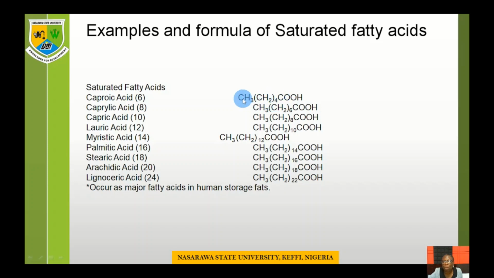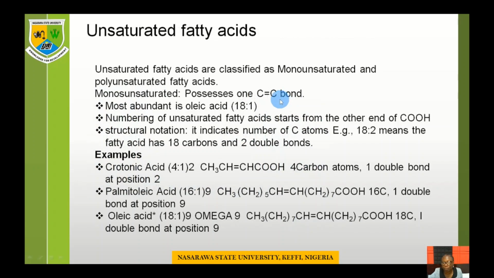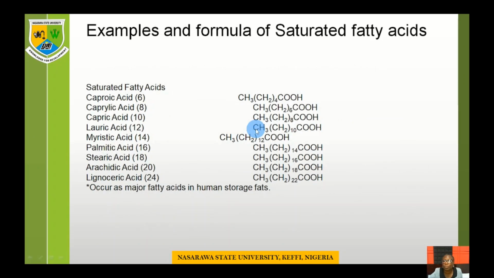So this is 1 plus 4, 5, 1 plus 1, 6. So we said numbering starts from the carboxylic end. So this will be carbon 1. Then carbon 2, 3, 4, 5, and then carbon 6.